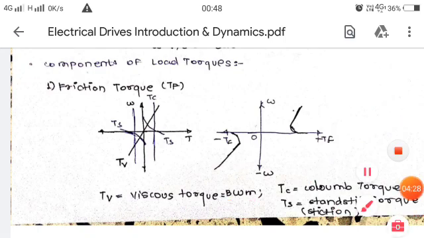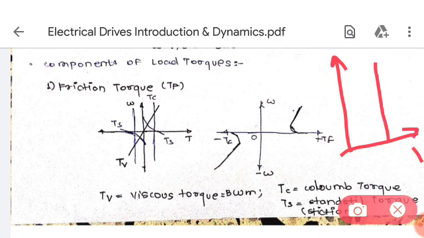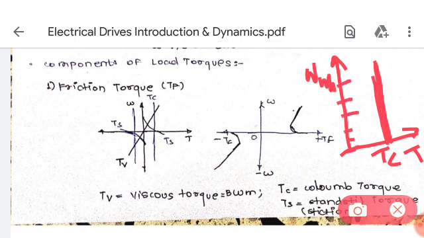Another type of friction is Coulomb friction. Coulomb friction can be shown like this, a constant friction. This is frictional torque with respect to speed. What is the meaning of this curve? Whether the speed is 0 or any maximum speed, the torque remains the same, this opposition remains the same, and with respect to direction of rotation, it gets reversed.